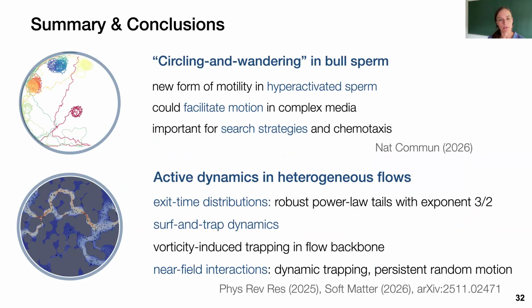Okay, so maybe to conclude this second part, I've shown you our model where we study active dynamics in heterogeneous flows, and we identified these really robust power law tails in the exit time distributions. And these power law tails can be explained by the fact that these particles perform some sort of surf and trap dynamics with very long-lived trapping phases due to flow vorticity.